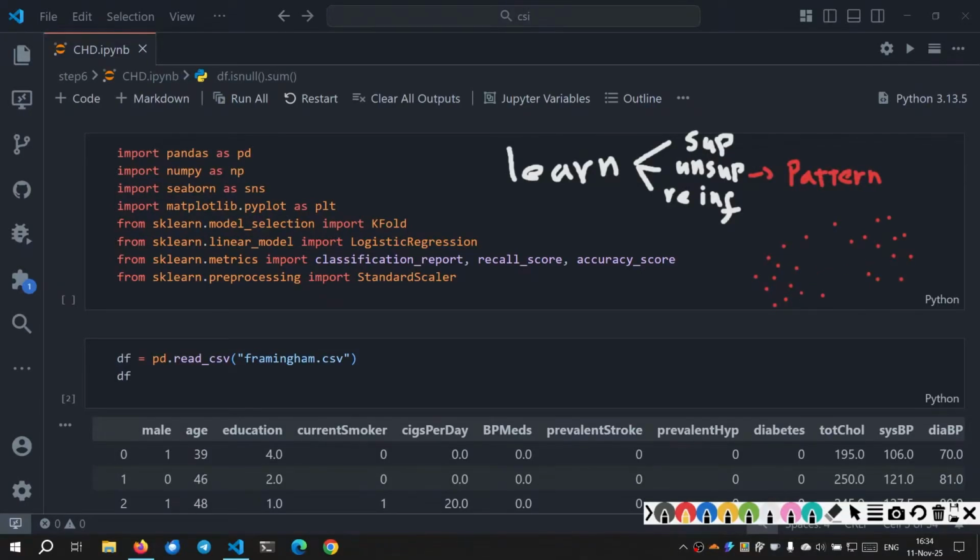You don't know what their class is. You have no idea how they behave. But you want to learn something from it, to extract something out of this. So you use unsupervised learning. One thing you can do with this is clustering, for example.